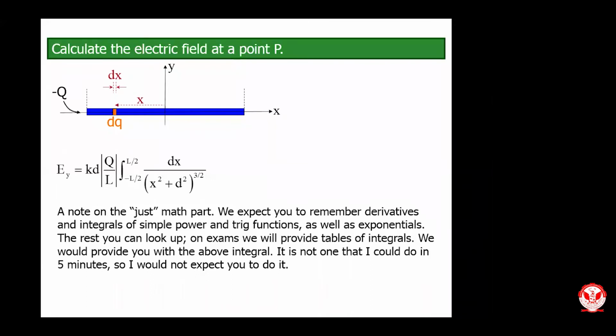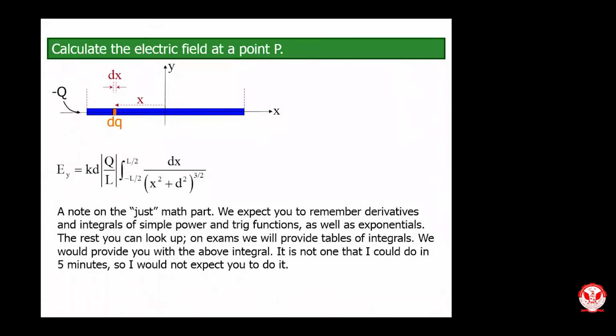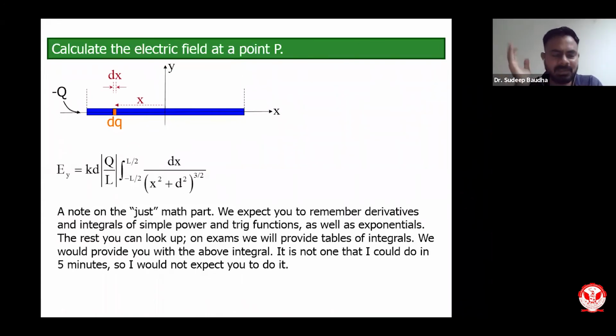Limits of integration will change. Yes, correct. That's all. So if I have to find out what will be the electric field due to the rod which is infinite in nature, then we can integrate it from minus infinity to infinity. So by this derivation, we have solved two concepts. First concept is what will be the electric field because of a finite rod of uniform charge minus q, and we have also solved the concept of electric field at a point P due to an infinite rod of charge minus q.